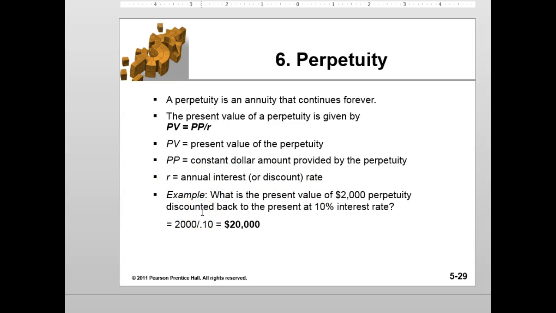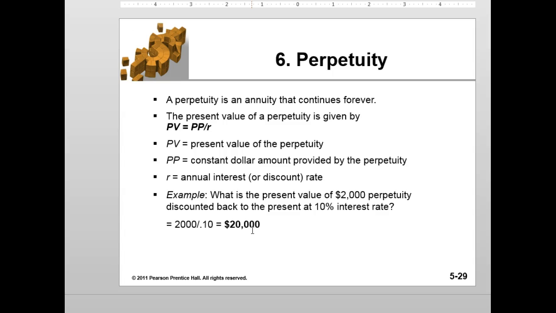So here's an example. Present value of a $2,000 perpetuity discounted back to the present at a 10% interest rate. You simply take that payment, divide it by the interest rate, and that gives you the present value, or the value of that perpetuity.